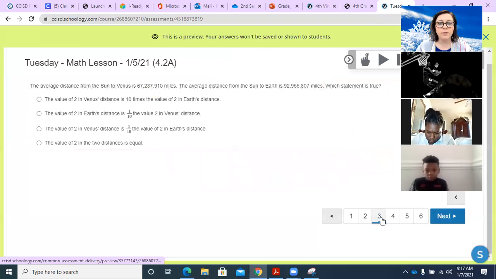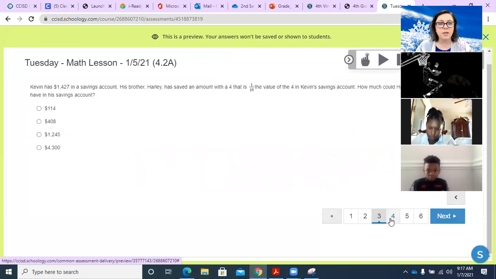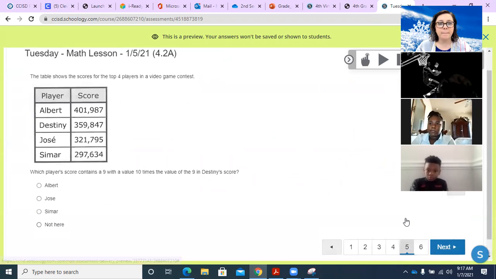Let's clear this. I want to find one where we do 10 times. Okay, let's look at this one. It says, the table shows the scores for the top 4 players in a video game contest. Which player's score contains a 9 with a value 10 times the value of the 9 in Destiny's score?